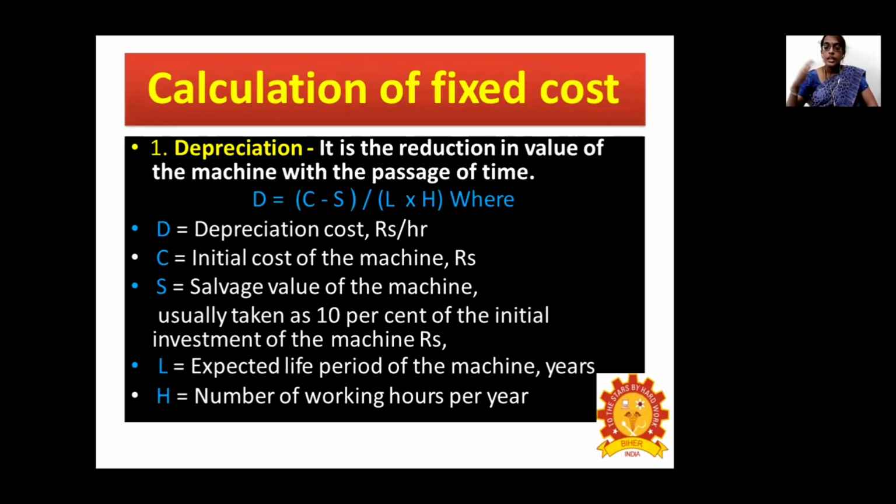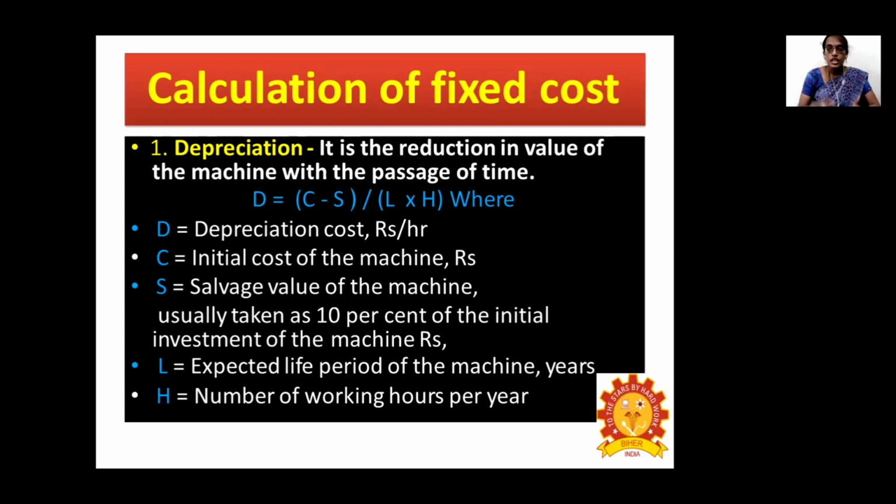So the first one is depreciation. Depreciation means the reduction in the value of the machine with respect to time. As time passes, there may be certain damage incurred during operation, so that is the reduction in the value of machinery with respect to time. It can be calculated by using this formula. D is the depreciation cost, in terms of rupees per hour.